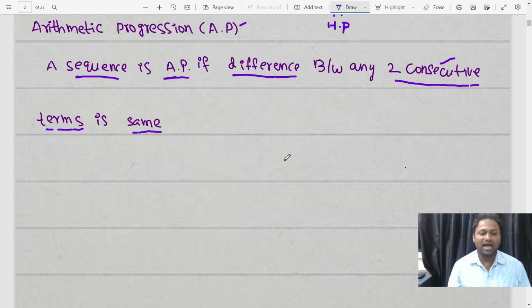I will take the easiest example, which you can identify easily. Just before, I had taken one sequence: 2, 4, 6, 8, 10, and so on.